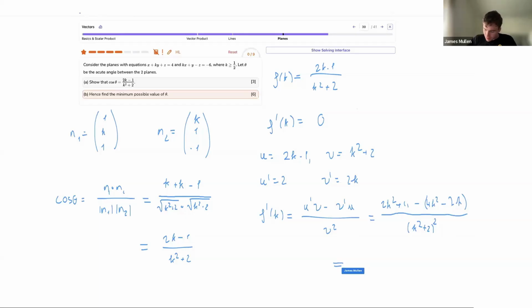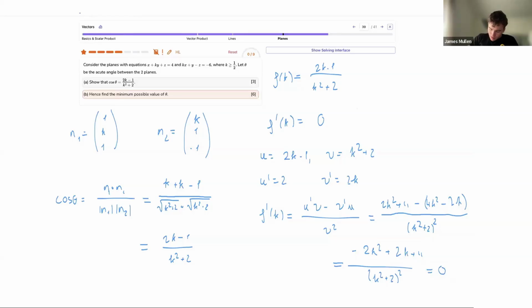The numerator now becomes negative 2k squared plus 2k plus 4 over (k squared plus 2) squared. And that's supposed to be equal to 0. And it's going to be equal to 0 when the numerator is 0.